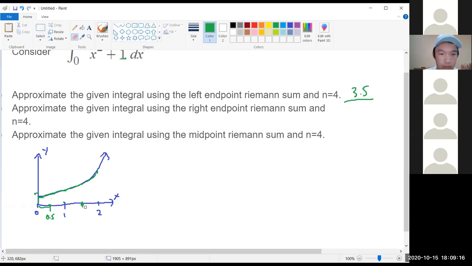The length of each rectangle is still the same, it's still 0.5, but the height will be different. So let me draw the section again. Here's 1, here's 2, here's 3, here's 4. So instead of deciding the height of each rectangle from the left side, we're going to do it from the right side. So the first one is going to look like this, and then like this from the right side.